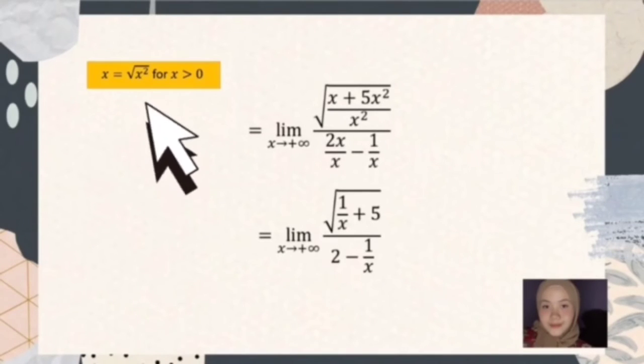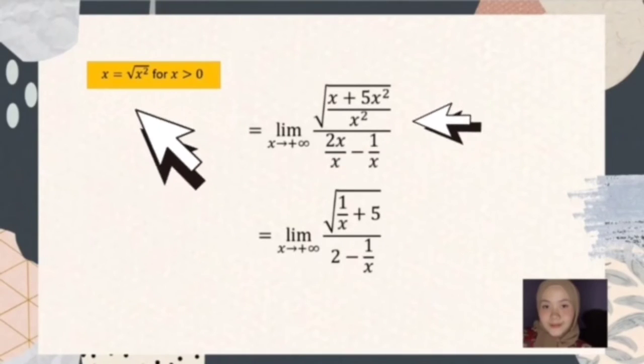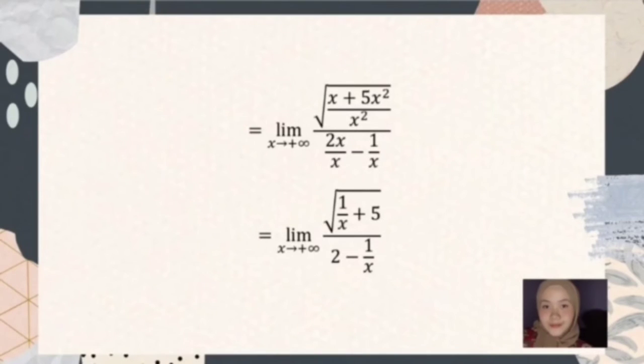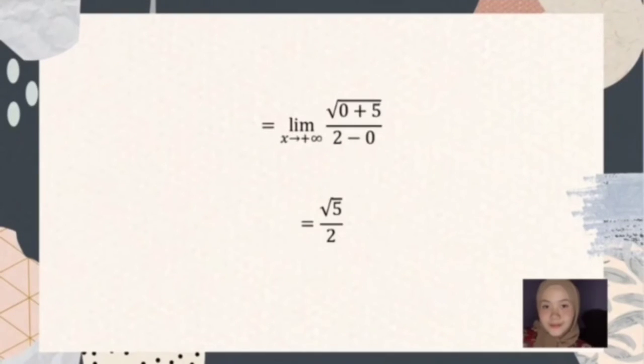Therefore, we can write our numerator as the limit as x approaches infinity of the square root of x plus 5x squared over x squared, and all over 2x over x minus 1 over x. Now the limit is clear: as x goes to infinity, 1 over x goes to 0, and therefore this limit equals the square root of 5 over 2.